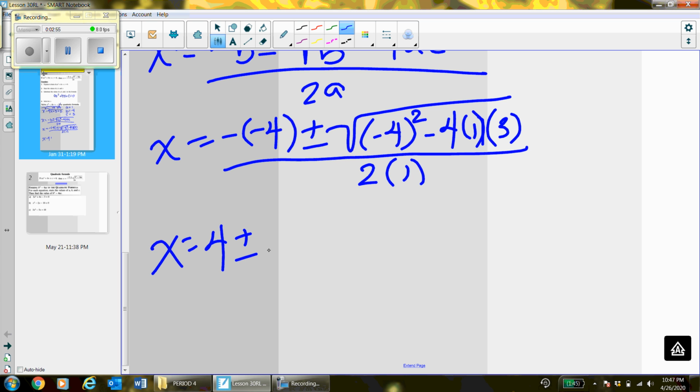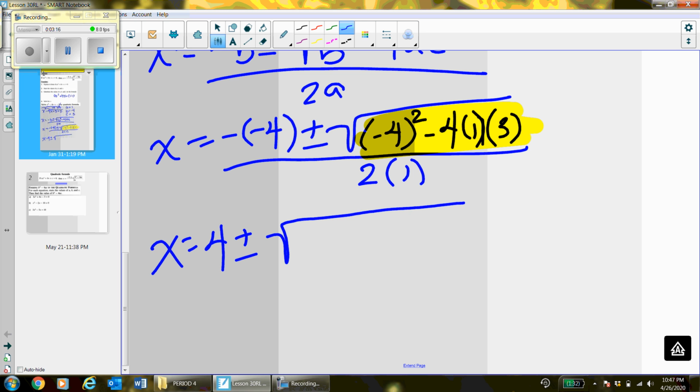Now, everything that is under the square root can be plugged into your calculator to give you one number, so that you don't have to keep solving for what's underneath there.